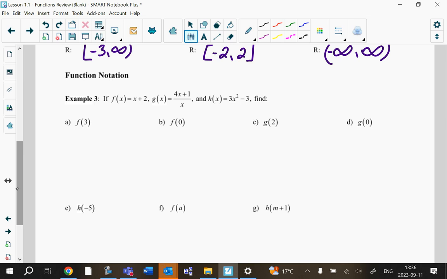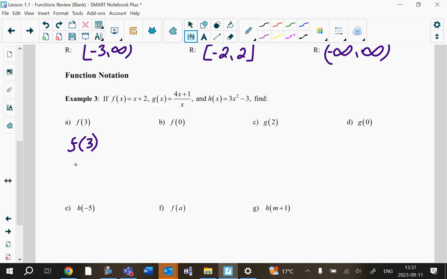Okay, so what does this mean? I've got the function x plus 2, which, if you graphed it, would be a line. And I'm asked to find f of 3. So I've replaced the x with 3. Instead of f of x, it's f of 3.